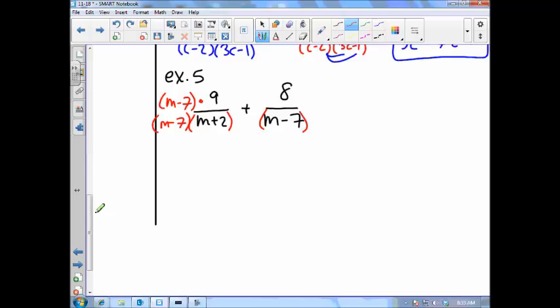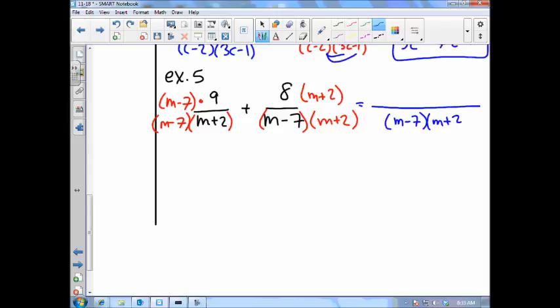Okay. Then, what else do we do over here? Not just 2. No. They have to match. M plus 2. There we go. Okay. So now we have a common denominator, so we can morph them into one big fraction, which has our common denominator m minus 7 times m plus 2.